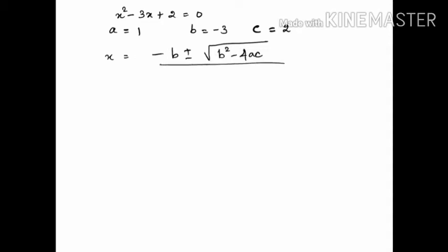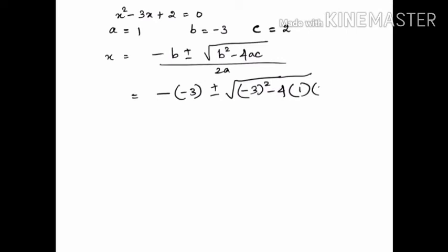So we write down the values of a, b and c. A is 1, b is minus 3 and c is plus 2. So x is equal to minus b plus minus root b square minus 4ac divided by 2a. So minus 3, substituting these values, plus minus root minus 3 square minus 4 times 1 into 2 whole divided by 2 times 1.